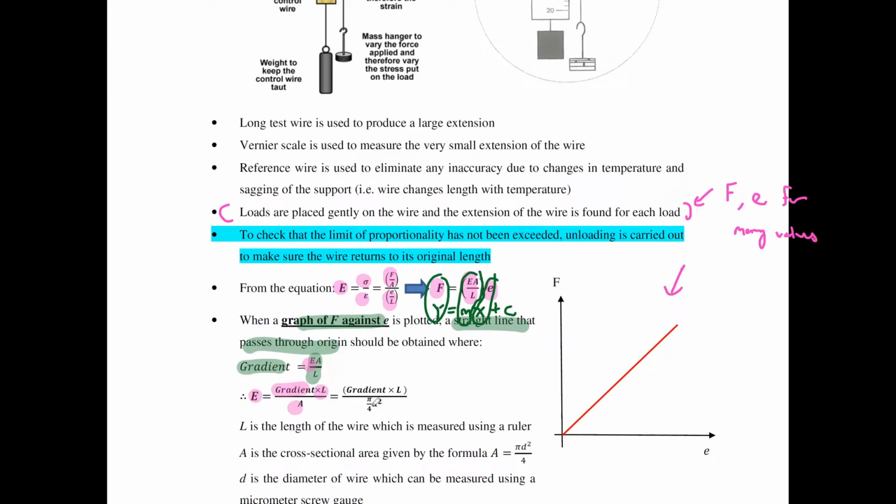A is the cross-sectional area, which is given by the formula pi d squared over 4, where d is the diameter, which can be measured using a micrometer screw gauge. L is the length of the wire that can be measured using a ruler. So this is how you do an experiment to find out the Young's modulus.